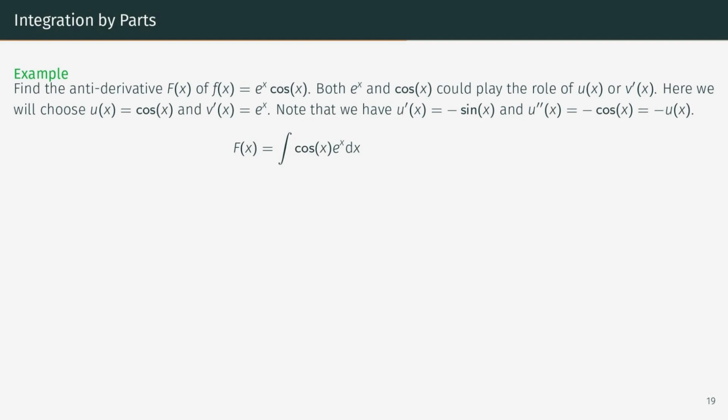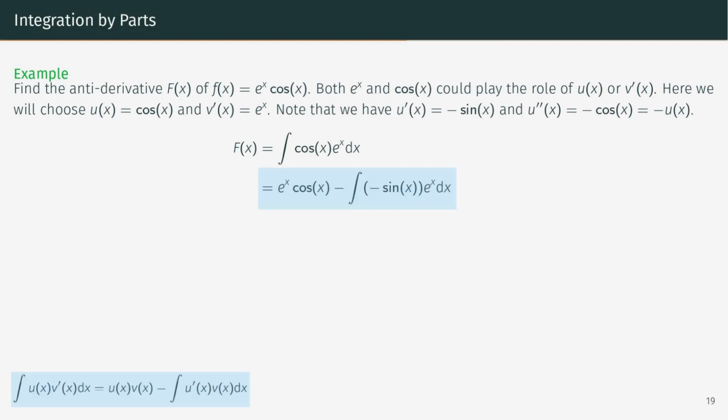So f of x equals the integral of the cosine of x times e to the x dx. We then rewrite this in the format of integration by parts. So f of x equals e to the x cosine of x minus the integral of the negative sine of x times e to the x dx.